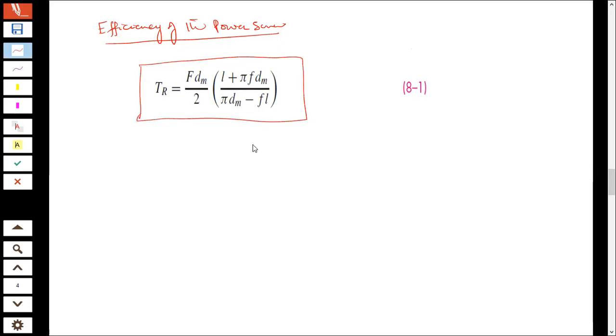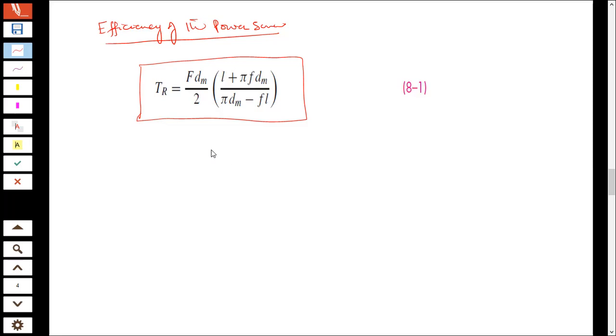Now, as we said, what is going to be the maximum output of the torque that I use in a scenario?